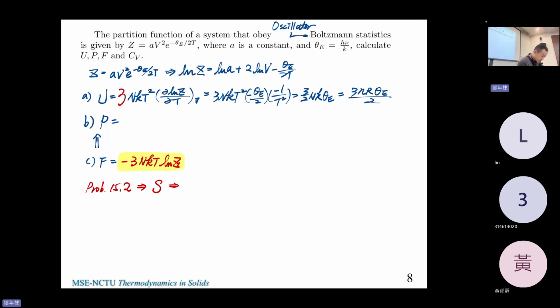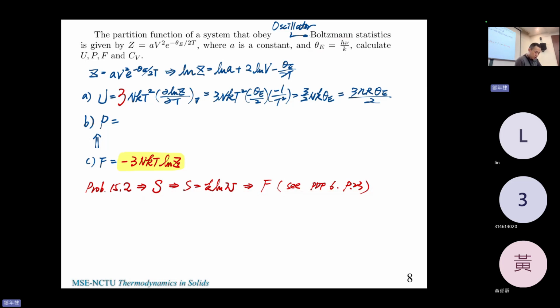Of course, your S is from k natural log W, the Boltzmann equation, and then you get F. See PDF 6 page 23. Actually, this procedure is not new; we have introduced this.